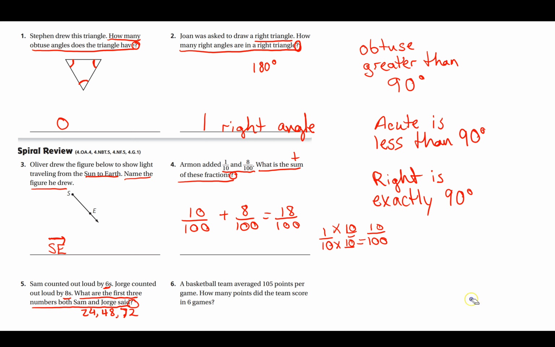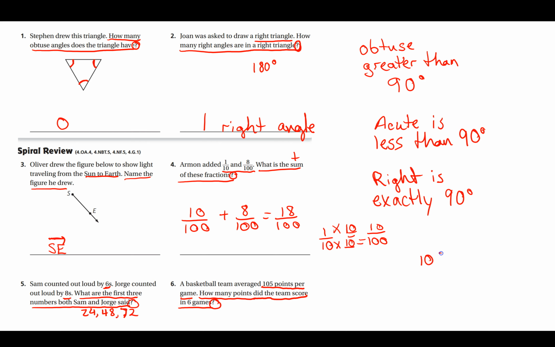All right, and number 6, a basketball team averaged 105 points per game. How many points did the team score in 6 games? So average means that over those 6 games, in each game they would have scored 105, or scored so that it's equivalent to having scored 105 in all 6.